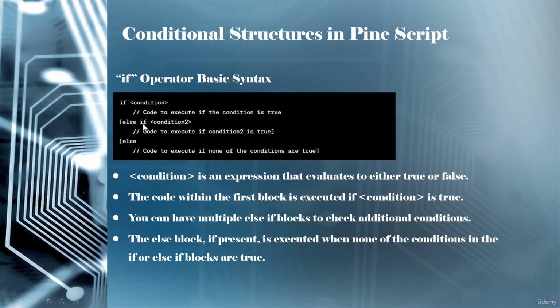So this else if, you can have one or multiple of them. The else block, this one, if present, is executed when none of the conditions in the if blocks are true.